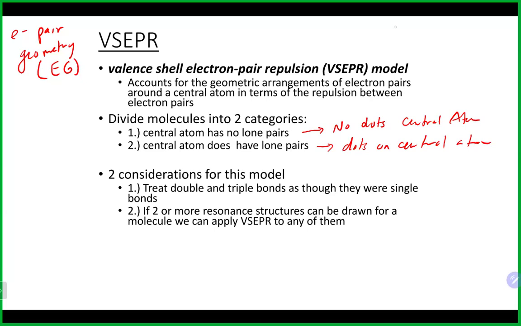Then there's also the molecular geometry, sometimes referred to as the shape. For the rest of this lecture, I'm just going to refer to that as the MG for molecular geometry. As we will see, in certain cases, both of these names will be the same, and in some cases, they will have different names depending on the situation.